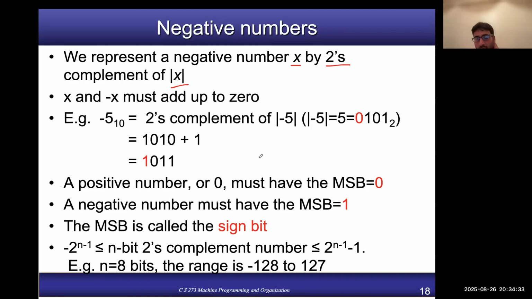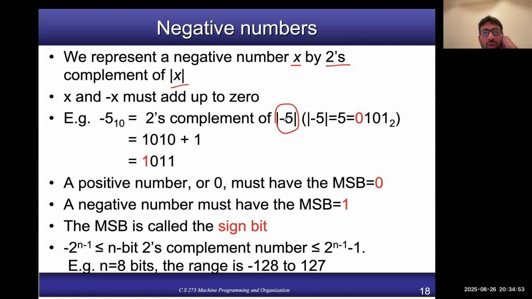Now let's try to understand. Let's say we have -5 in decimal form and we want to represent it in binary form, right? So how can we represent it in binary form? We'll first find the two's complement of the magnitude of 5.